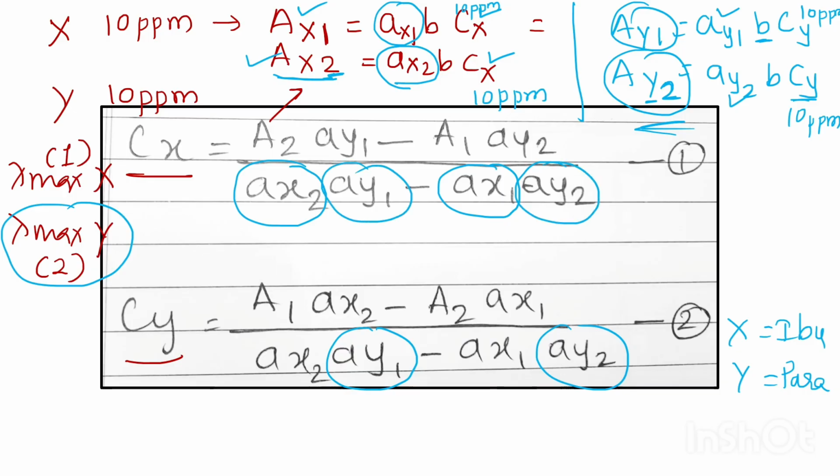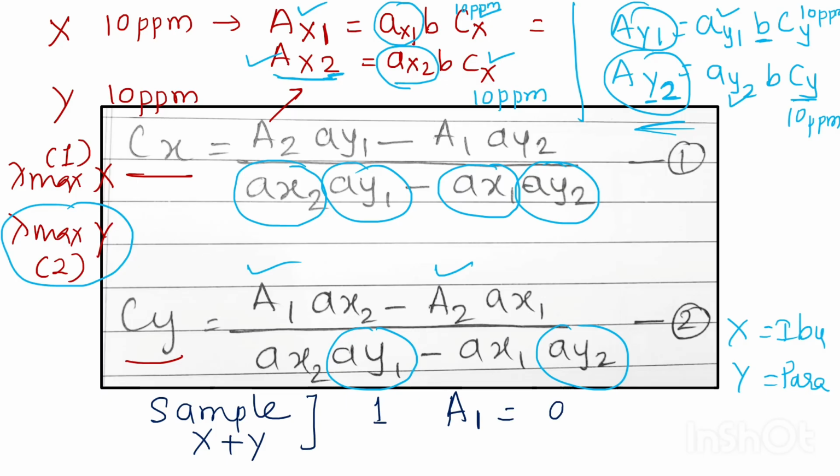Okay, now what is this capital A1 and capital A2 in this formula? वो है sample. Sample है ना जिसमें दोनों भी हैं, X and Y. Okay, प्रीवियस स्लाइड पे मैंने आपको 3 फ्लास्क दिखाए थे, उसमें से ये थर्ड फ्लास्क है. तो सैंपल का एब्जॉर्बेंस लिया एट फर्स्ट वेवलेंथ. So that is ABC of X and ABC of Y. I hope you get it.